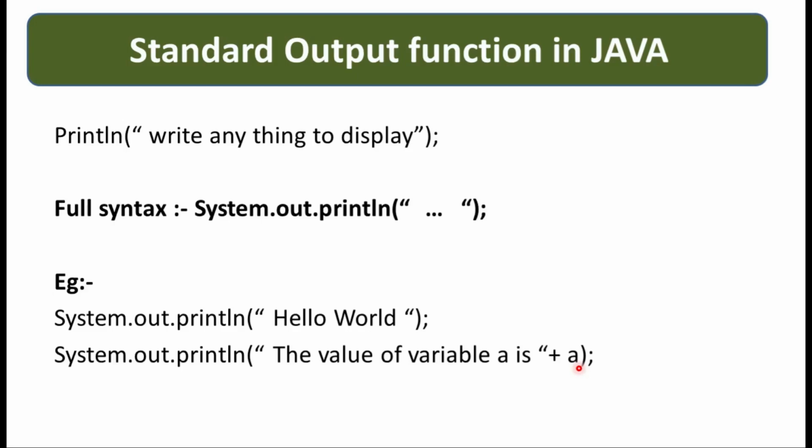To tell the println function that a is not a string, but the identifier of a variable used within the program, you should not use double quotes. That's why it is written outside the double quotes, and these two are combined using a concatenation operator. That's it. These two types of println functions are most widely used throughout the programs.